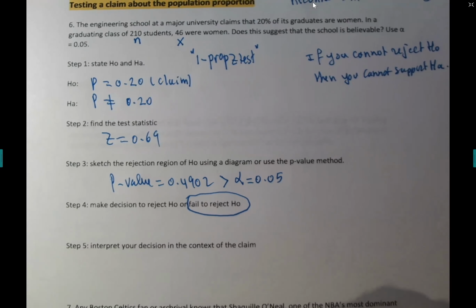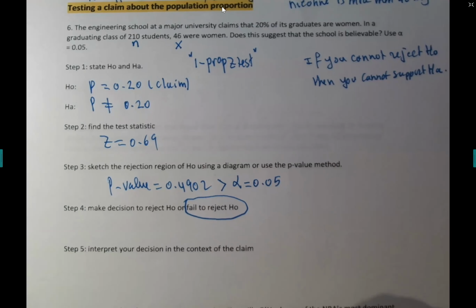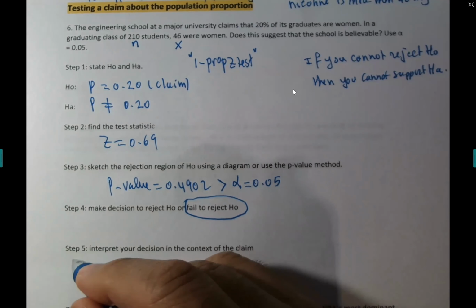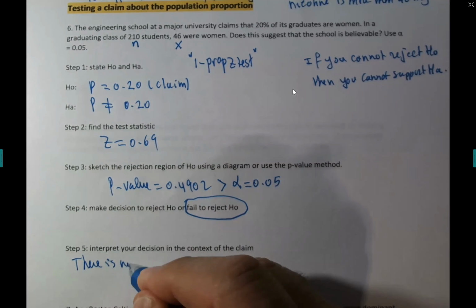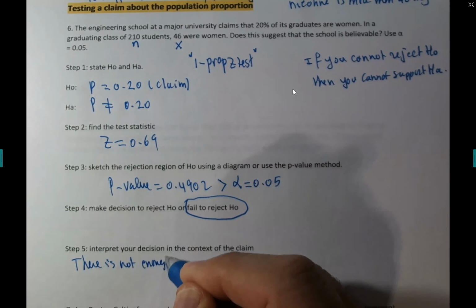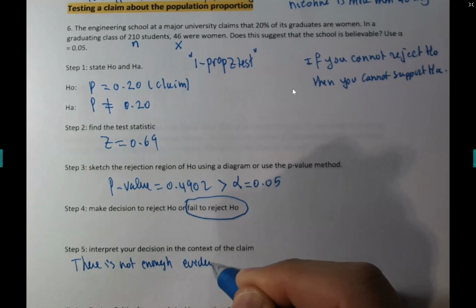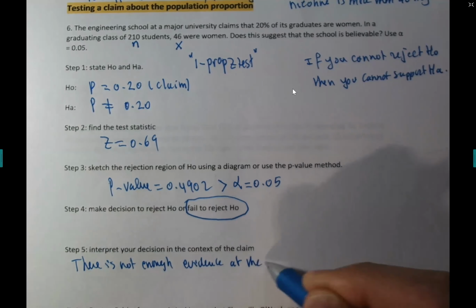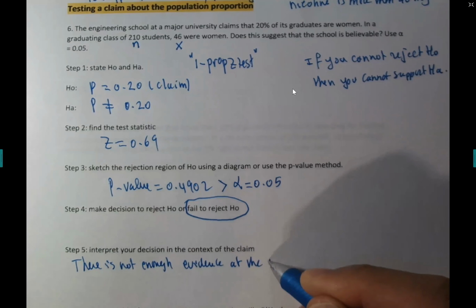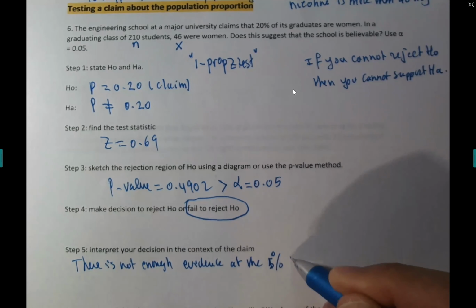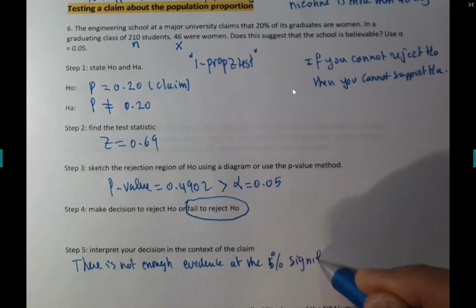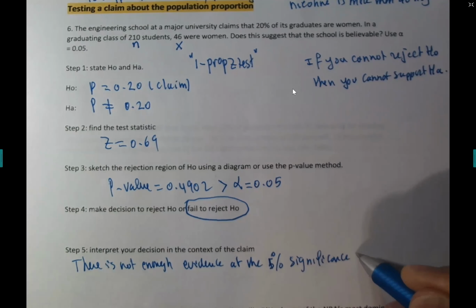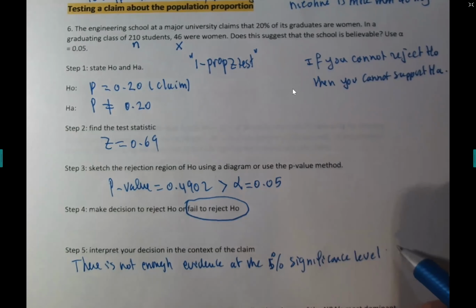Would a student like to interpret? There is not enough evidence to suggest, at the 5% significance level, that the school... Okay, let's make it easier.